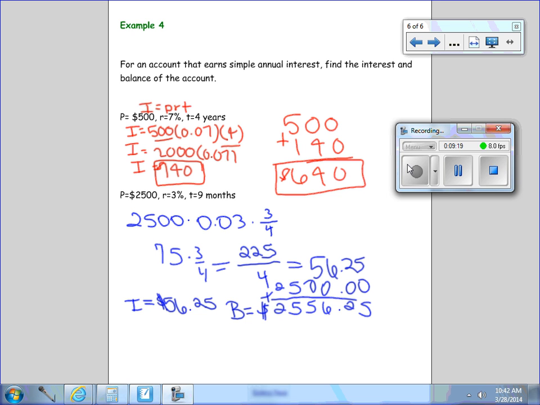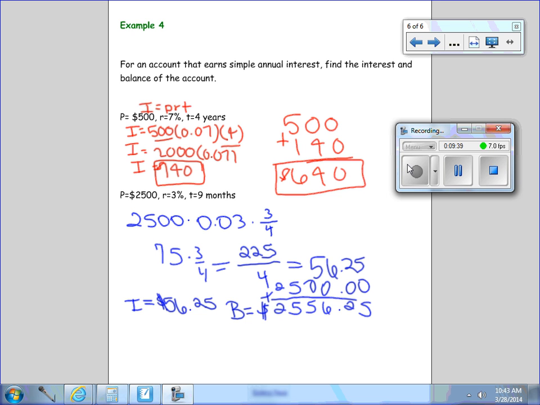In the second one, principal is $2,500 at an annual percentage of 3% for 9 months. That was $2,500 times 3% times 3/4, because we're dealing with the year. So that's going to be 9 over 12 simplified to 3/4.